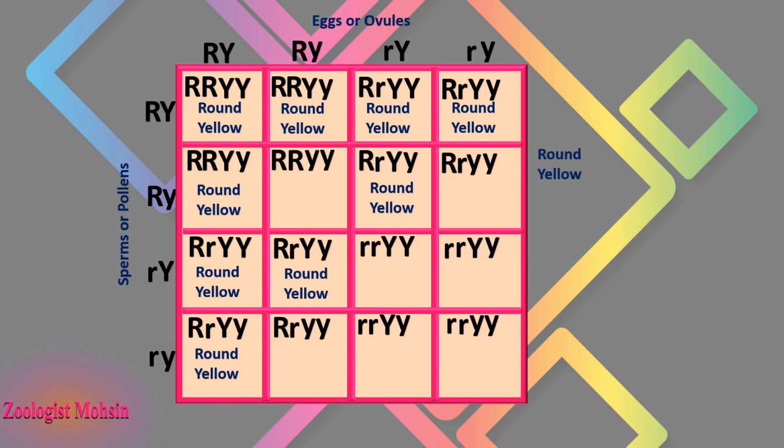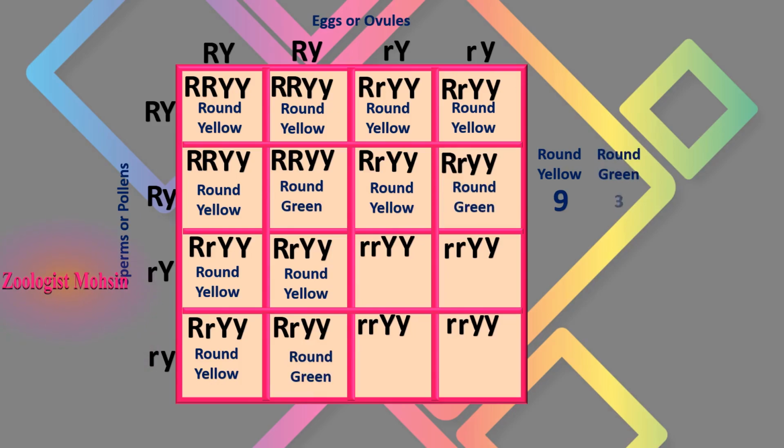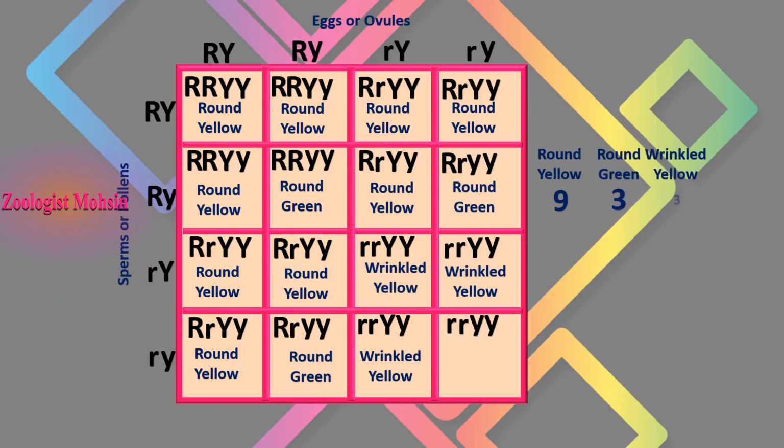If we count them, we find round yellow 9 in this checkerboard out of 16. Similarly, round green is 3 in number, wrinkled yellow is also 3 in number, and wrinkled green only 1. So we get the ratio 9:3:3:1.